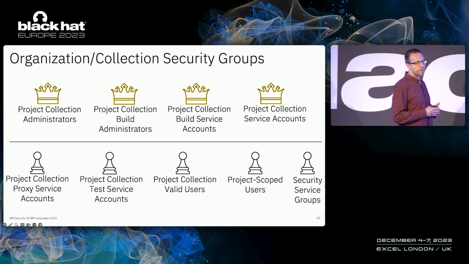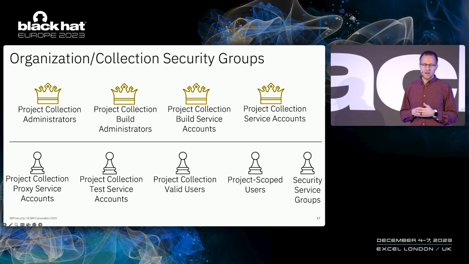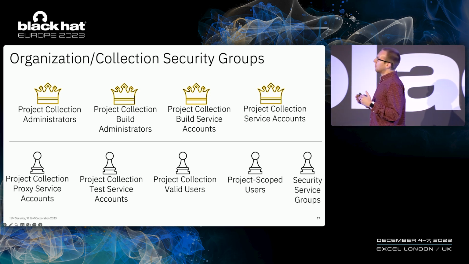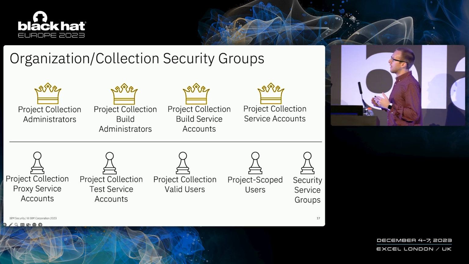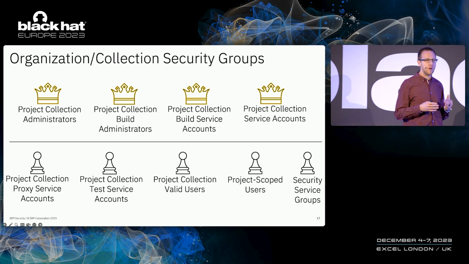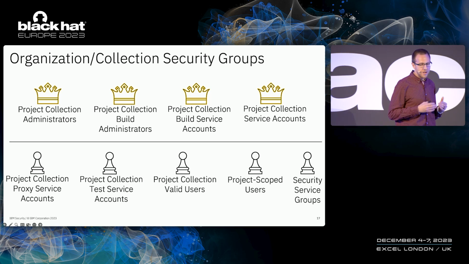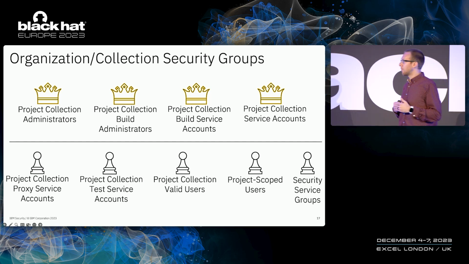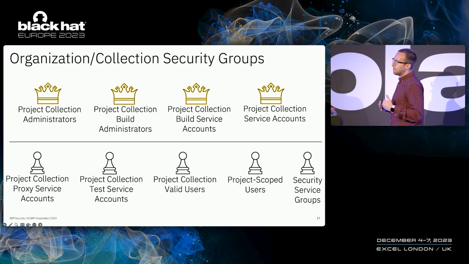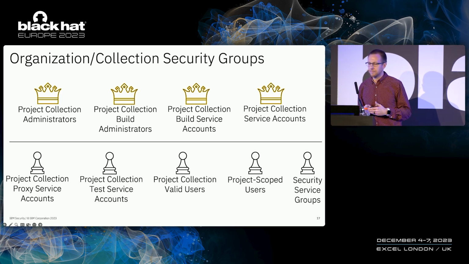At the collection level, project collection administrators is the administrative group. However, project collection service accounts by default is a member of project collection administrators, so that is also a privileged collection group. The other two groups listed there are listed as privileged because they are able to interact with and retrieve build pipeline variables and secrets.